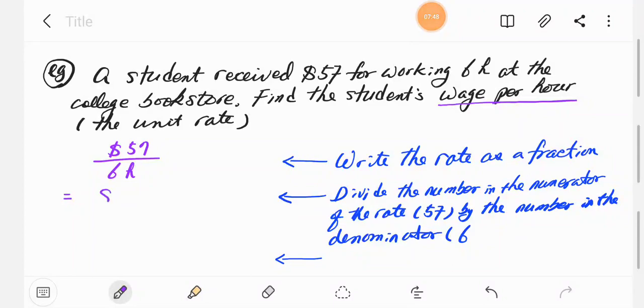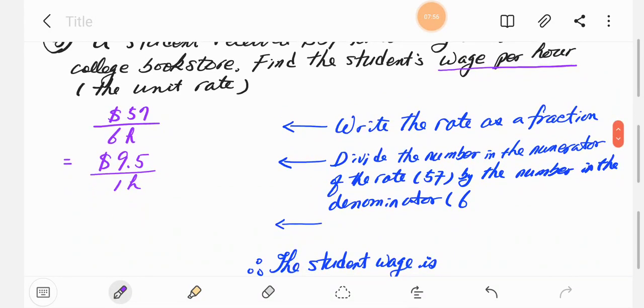So there becomes $9.5 per 1 hour. In that case, first of all, we divide 57 by 6, which is equal to 9.5.